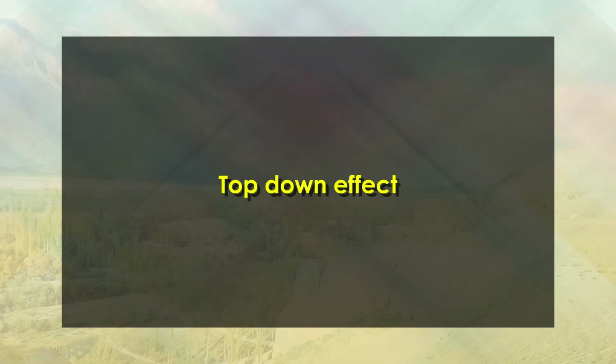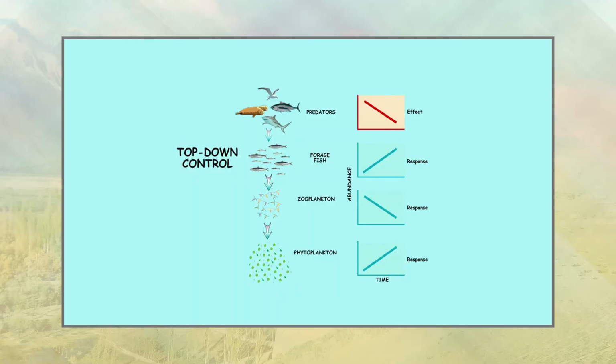Now, top-down effect. This model postulates that the control of each trophic level comes from the above trophic level. It is mainly predation that controls population size in a community, because predators limit herbivores, which in turn limit plants, which in turn limit soil nutrient levels through their uptake during growth and reproduction.